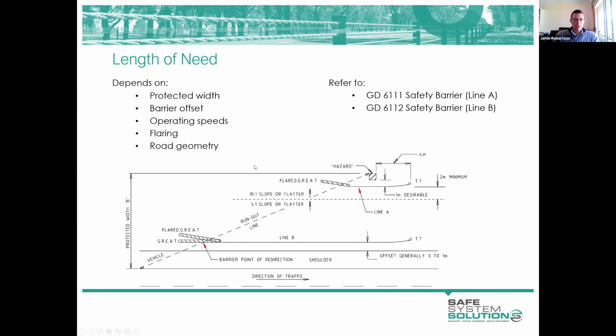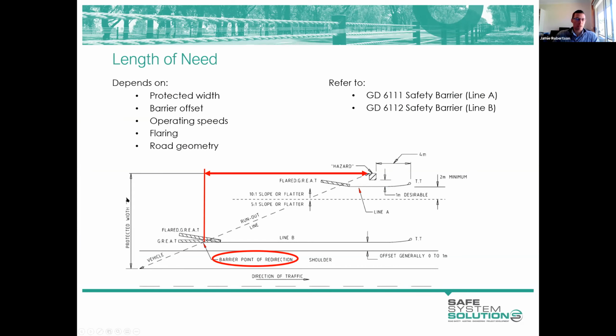Here we go with protected width. So length of need is essentially how long does your barrier need to be to shield the particular hazard that you've identified. And it depends on a number of things, and the first of those is the protected width. You can see the protected width noted here.